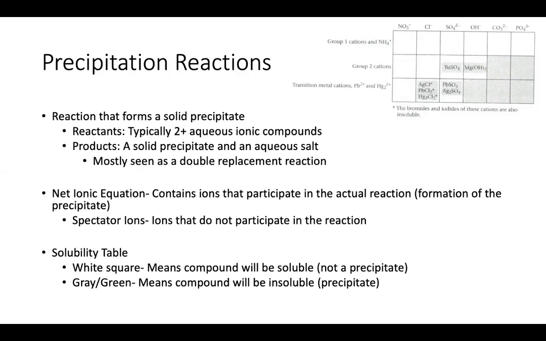If any element appears in the aqueous state on both sides of your equation, it is what we refer to as a spectator ion. That means it does not participate in the reaction, and it should not appear in your net ionic equation. At the bottom, a little note: what's grayed in, or green if you're using a colored version, means it is insoluble, which is all we care about for precipitation reactions.